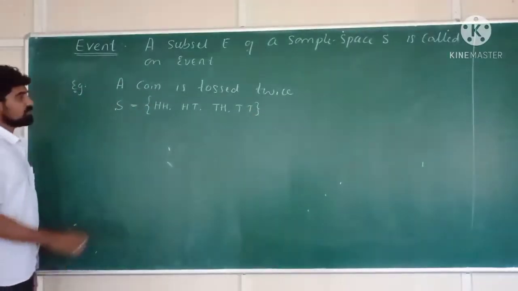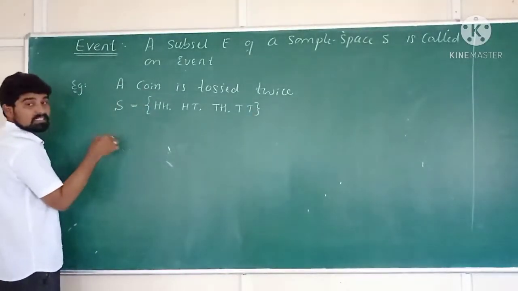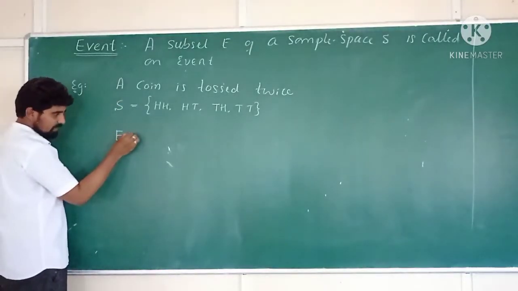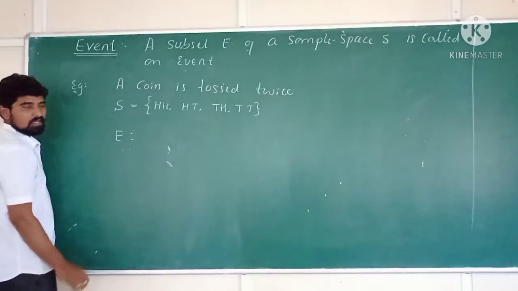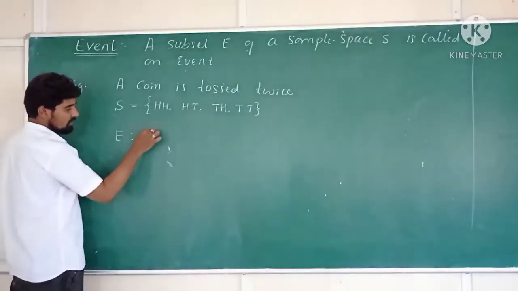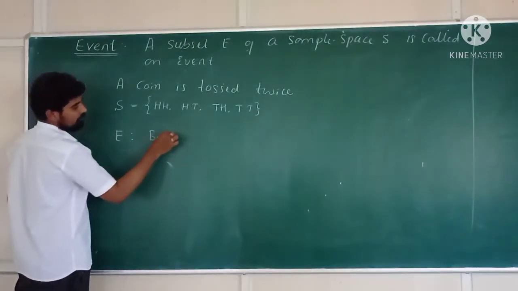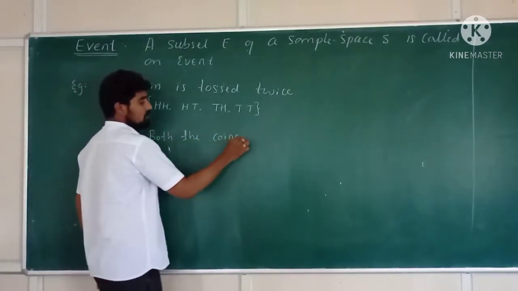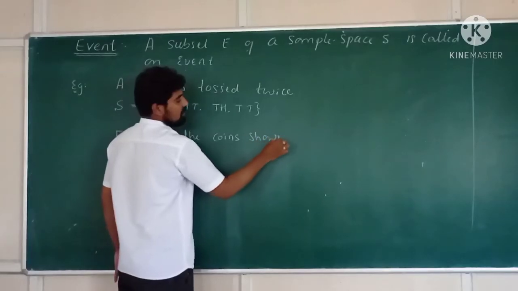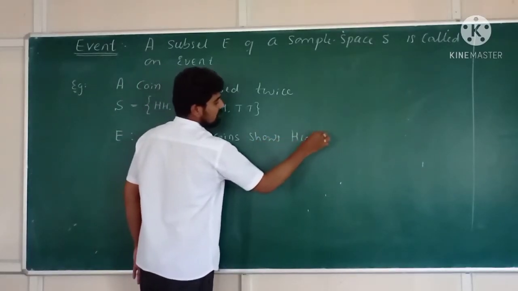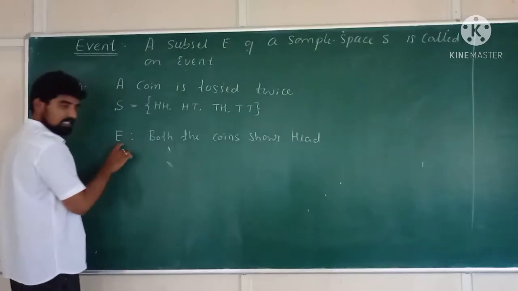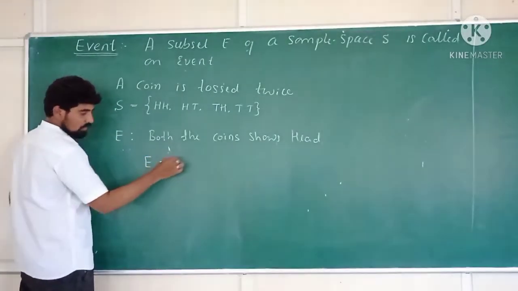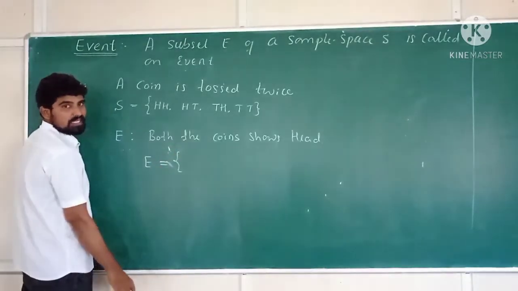Let us consider a subset of the sample space. That is considered as an event, so that is nothing but E. The way of writing is E followed by a colon. And event E is defined by both the coins show head, and the element present in this event E is both coins show head.